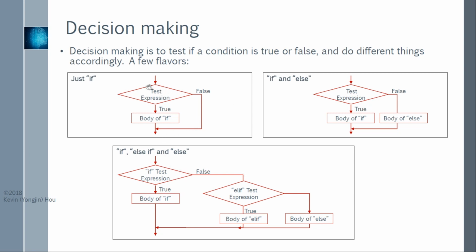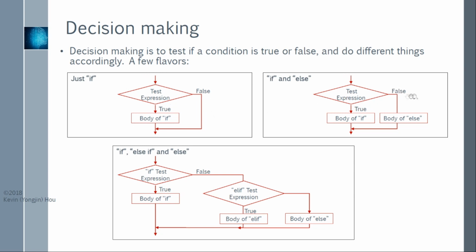How it works. First, you have a test expression. If this expression is true, it flows to here. There's a bunch of operations in the if block. However, if the test condition is false, it just jumps out, does nothing, totally bypassing the if block. So the first flavor is called if.